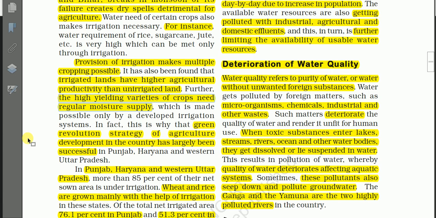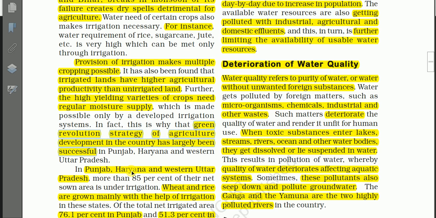In fact, this is why the green revolution strategy of agricultural development in the country has largely been successful in Punjab, Haryana, and western Uttar Pradesh. Why? Because these regions have highly developed irrigation facilities.